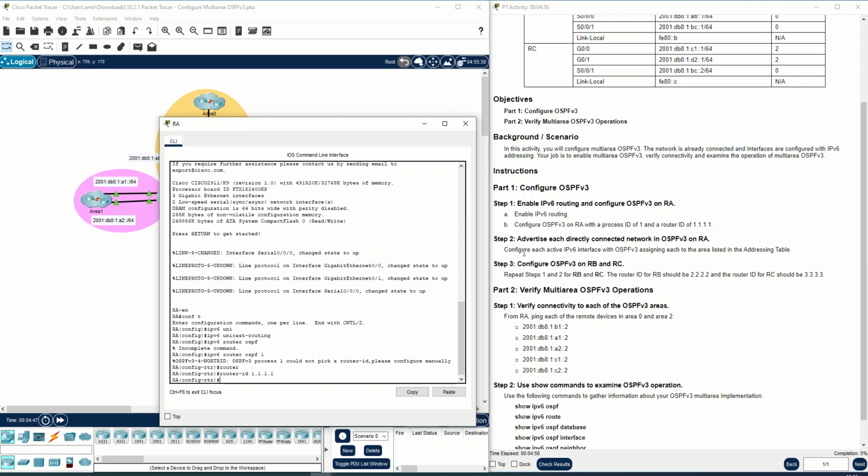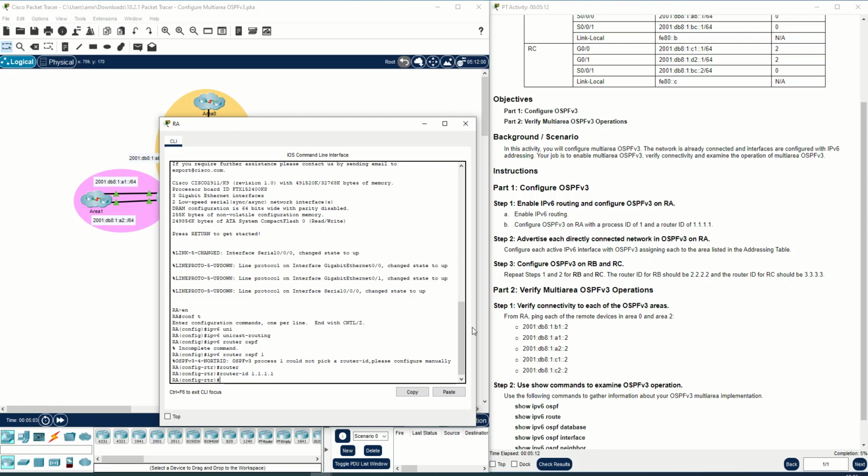We should also configure each active IPv6 interface with OSPFv3, assigning each to the area listed in the addressing table.